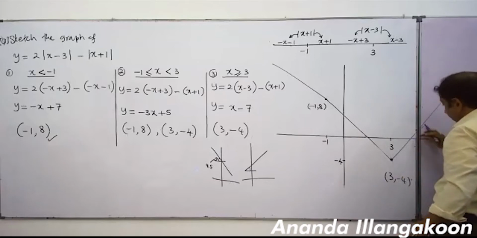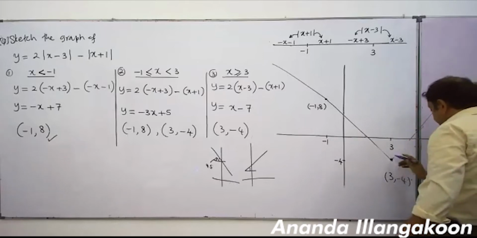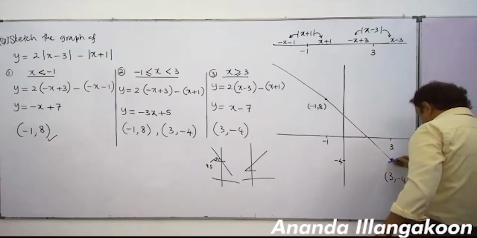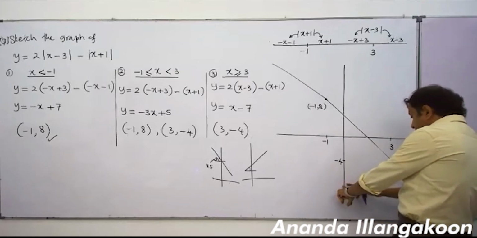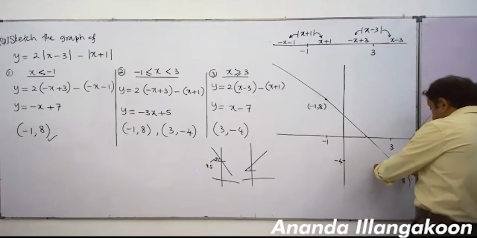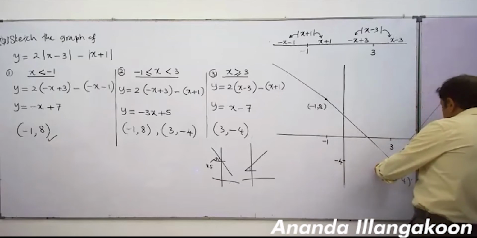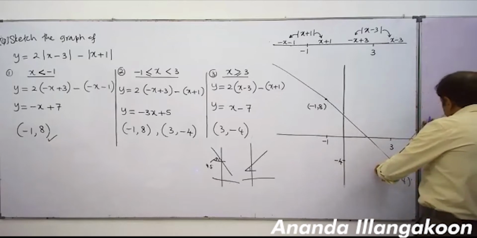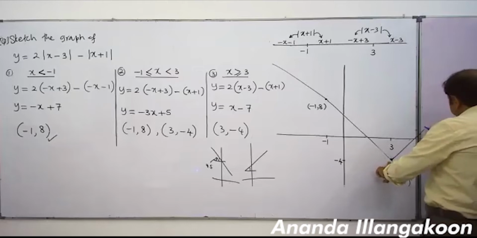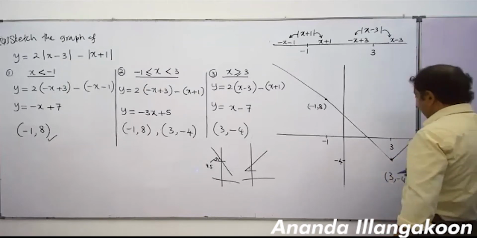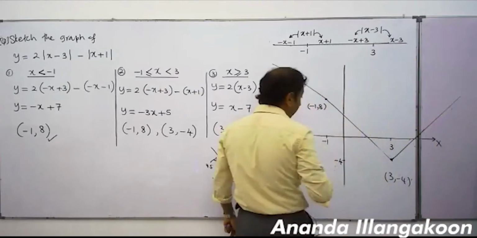Once we produce this line, it should cut the y-axis at minus 7 somewhere here. Now put the ruler like this and draw it like this. That is how we find the other point to draw the line. So this is how we draw the whole graph.